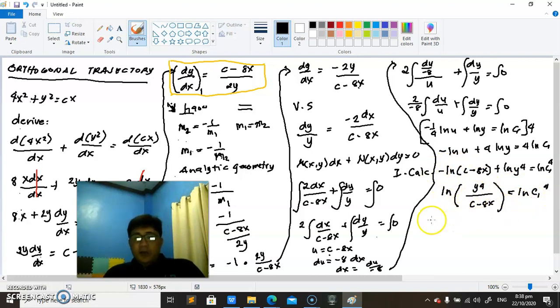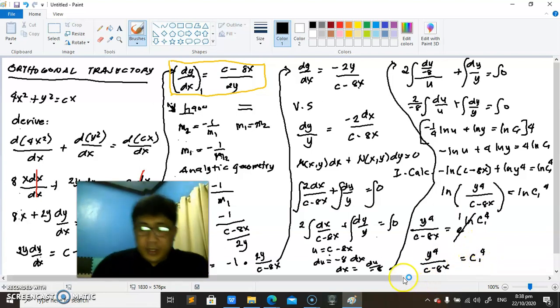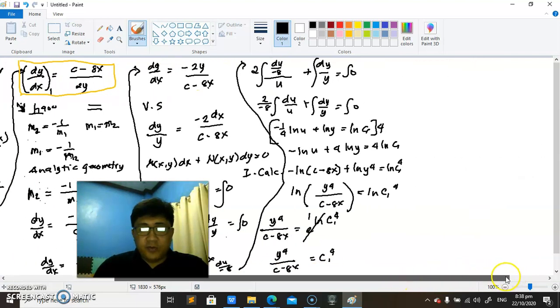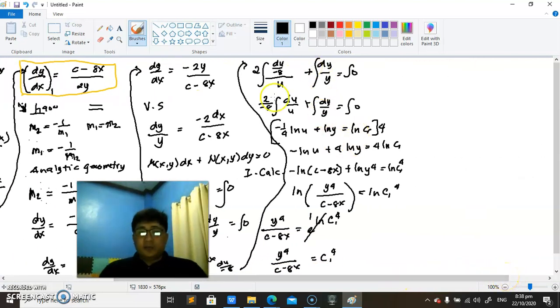From here, we have y raised to the power 4 over c minus 8x equals e raised to the power of ln c sub 1 raised to the power 4, and we know this is equal to 1. So therefore, you have y raised to the power 4 over c minus 8x equals c sub 1 raised to the power 4.